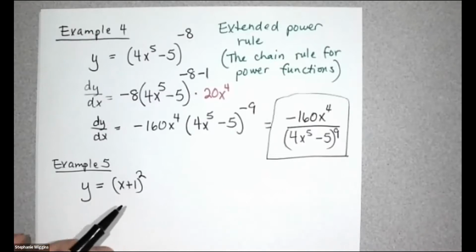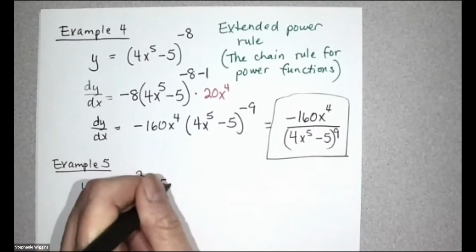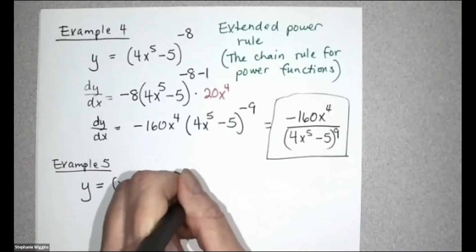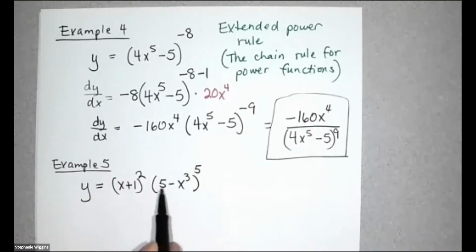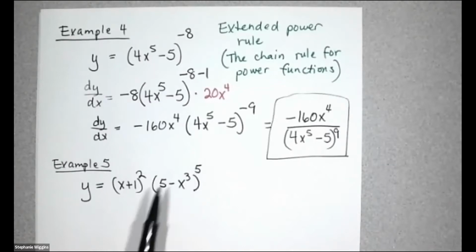Then I'm going to take the product of that with another power function, which is 5 minus x cubed to the power of 5. So this also is a composition function. So we have 5 minus x cubed as the inside function, and that is raised to the power function of x to the 5th. Okay, so we have a lot going on here.